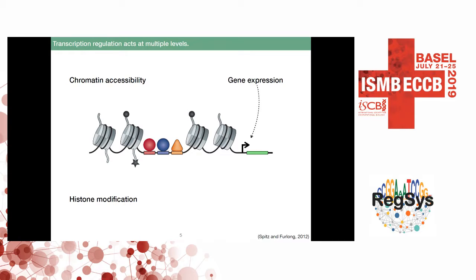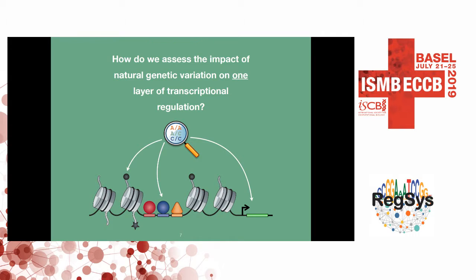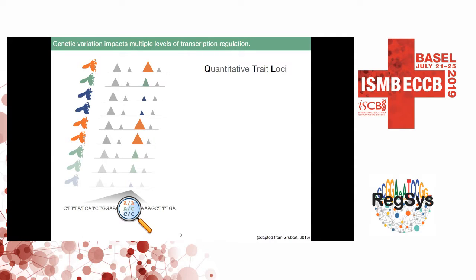And more specifically, what I'm interested in is how the genetic variation within the DNA sequence can impact all those different regulatory layers. So usually when people want to assess the impact of a single nucleotide polymorphism on a given transcriptional layer, what we usually perform is a quantitative trait loci analysis, trying to link a given genotype, so usually a SNP, to a given phenotype.